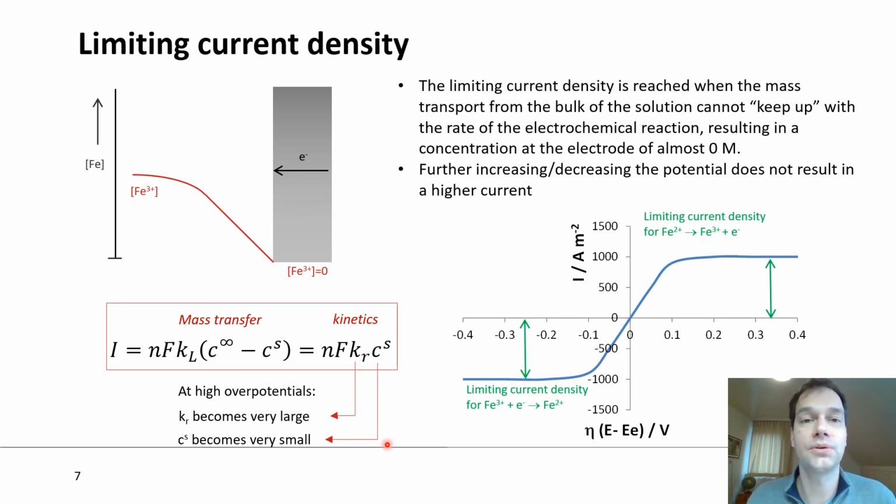And it's not exactly zero, but it's more 10 to the minus 6, and then it drops to 10 to the minus 7, and 10 to the minus 8, 10 to the minus 9, 10 to the minus 10. So it really becomes very, very small, and this basically means that your reaction is limited by mass transfer from solution. Obviously, we see the same for the backward reaction. So this is the concept of limiting current density.